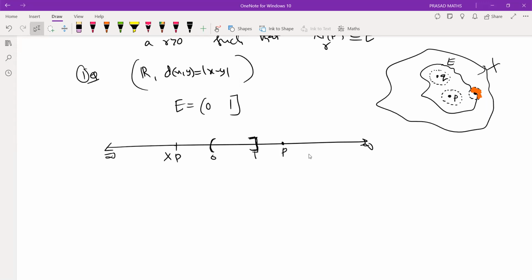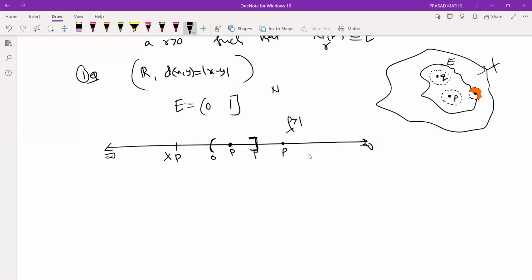Is a point bigger than 1 an interior point? No, because it's outside of the set. Okay, is this point interior? Yes. What is the neighborhood I told you yesterday?